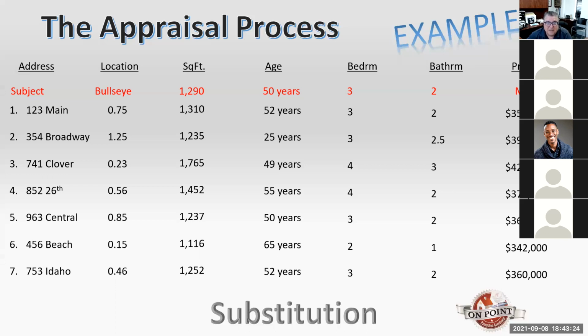Comp 3 is the least similar at almost 1,800 square feet. That's not even a comparable. The word comparable does not apply to that sale. So that's why we can't use it. But when we're looking at an analysis, we're looking at the numbers and we're saying, oh my God, this thing's worth 425, right? So any other questions or comments on that?